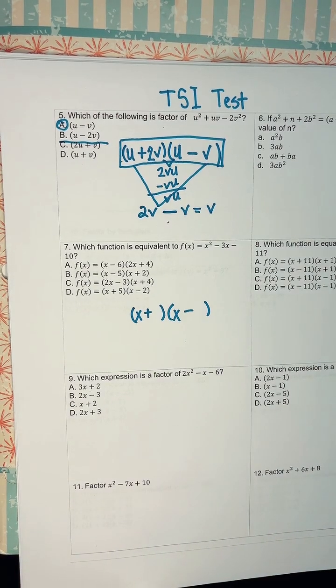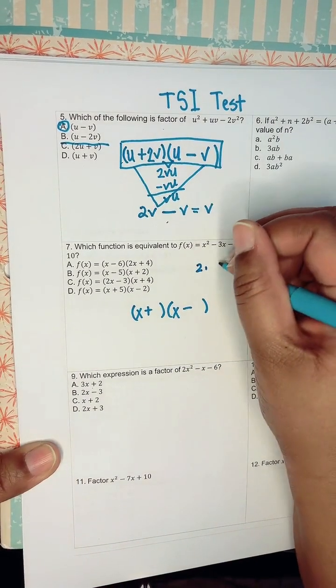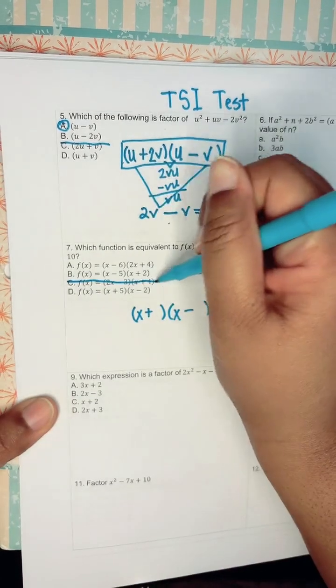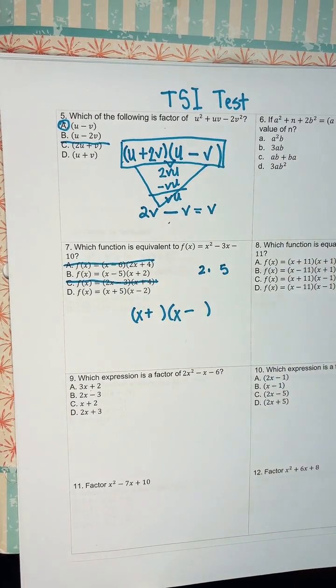Two and five. Good. So just by us knowing that, hopefully some of us are automatically, C is gone. A is gone. Now I have a 50-50 chance.